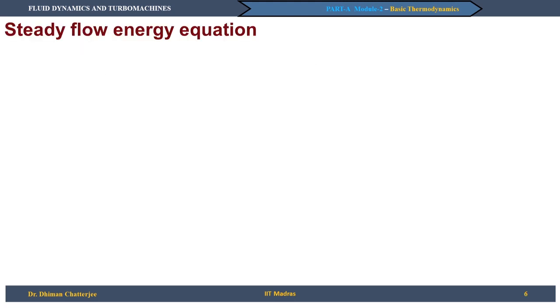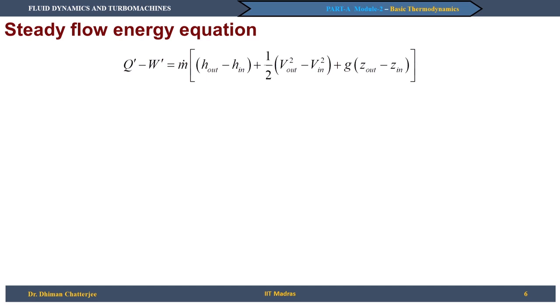We will say that m dot in equal to m dot out equal to m dot, and the energy equation reduces to Q prime minus W prime is m dot times (H out minus H in plus half (V out square minus V in square) plus G (Z out minus Z in)).